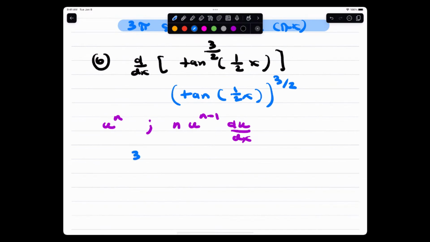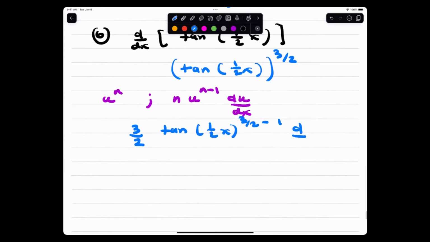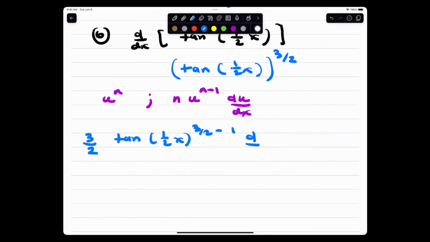So, 3/2 tangent 1/2 x to the 3/2 minus 1, and then don't forget the chain, okay? This portion here is what we call the chain in chain rule. So I'm going to have to differentiate now tangent 1/2 x.